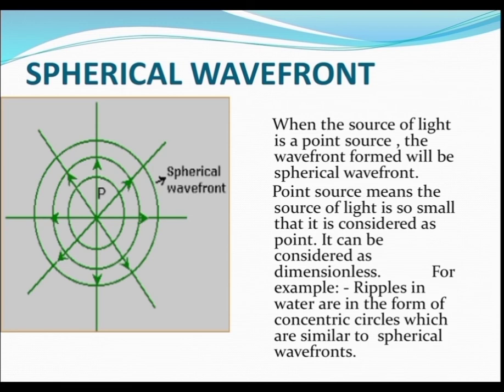Point source means the source of light is so small that it is considered as point. It can be considered as dimensionless. For example, ripples in the water are in the form of concentric circles, which are similar to a spherical wavefront.